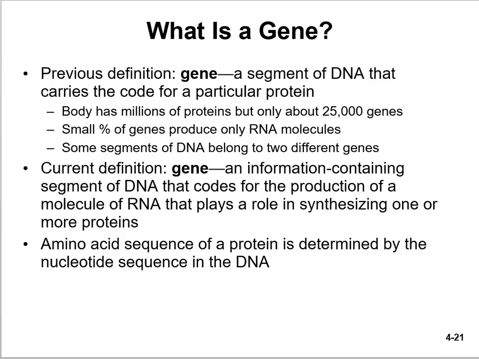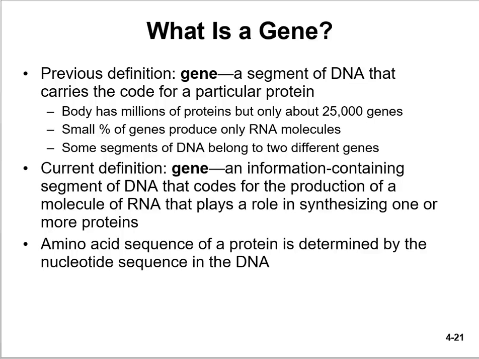What is a gene? That question, as much as we talk about it, is actually a little bit hard to define exactly. And as our understanding of DNA has changed in time, so has our definition of what a gene is. The classic definition of a gene was that it was a sequence of DNA that codes for a certain protein.